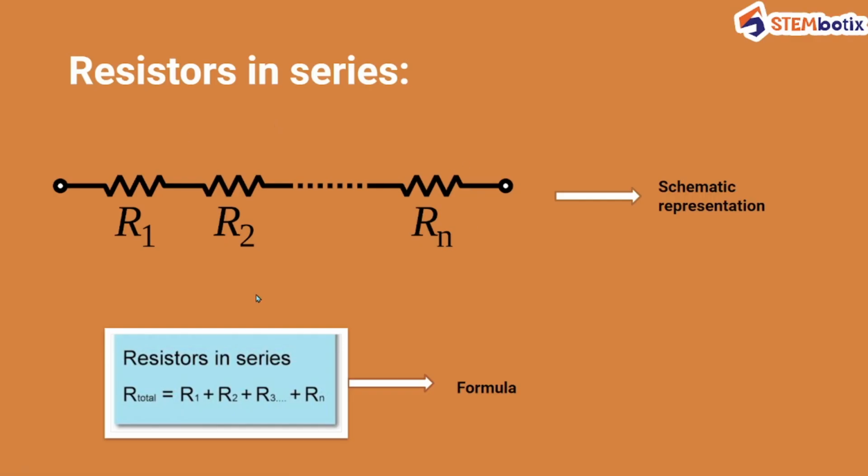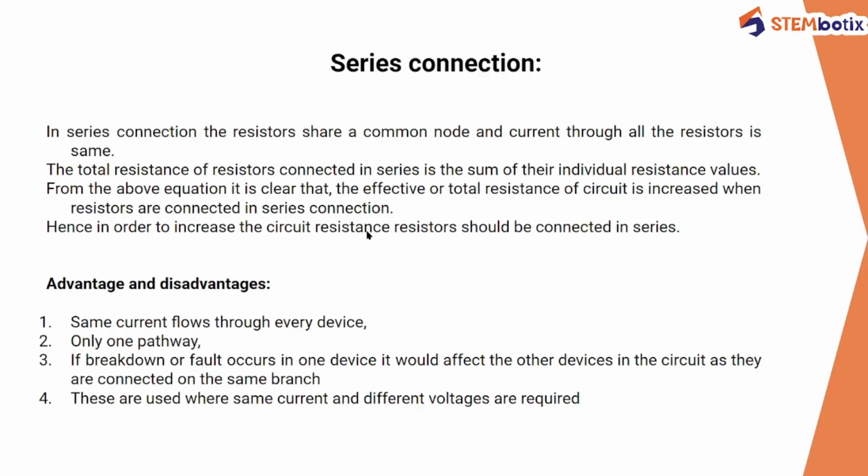For example, if any fault occurs in this load or this resistor, then the entire circuit will be interrupted, because there is only one path for current to flow through. Hence, because of damage in this area, the current will not flow, and the entire circuit will be switched off. This is the main disadvantage of a series circuit.